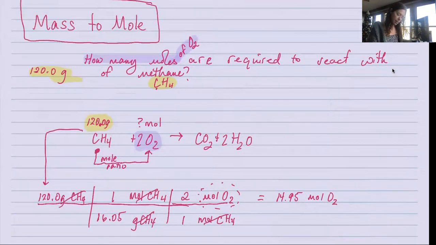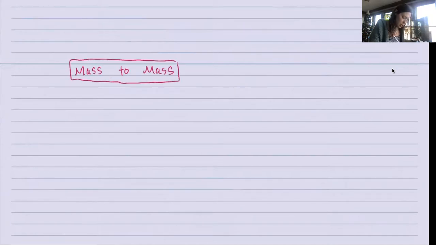Okay? All right, last one is going to be a mass to mass stoichiometry problem. All right, let's go back to our nitrogen plus 3 hydrogen yields 2 ammonia. All right, let's make a question.